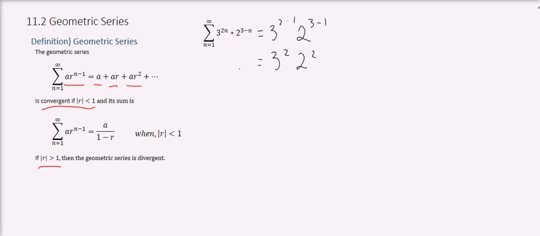Our next term, our n is going to be 2, so we're going to have 3 to the 2 times 2, and then we have 2 to the 3 minus 2, which is the same as saying we're going to have 3 to the 4th, 2 to the 1st. Let's do one more term.